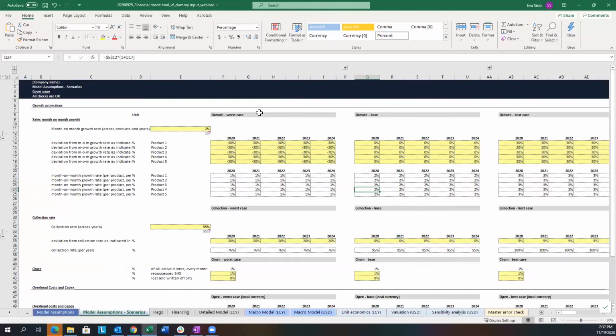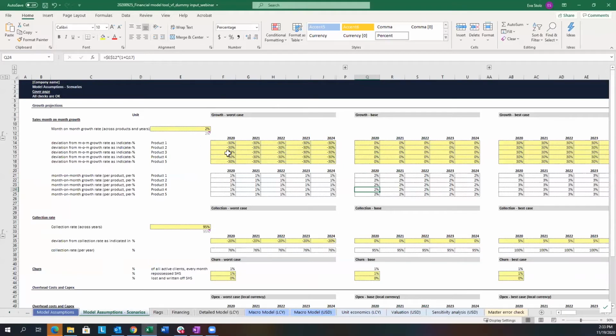However, if I say in the worst case, I'm saying, okay, now my month-on-month growth rate is not 2%, but it's actually 30% less than that. So we indicate a deviation here, and you can do that on a yearly and on a product level. And then it automatically calculates the growth rate per product and per year.